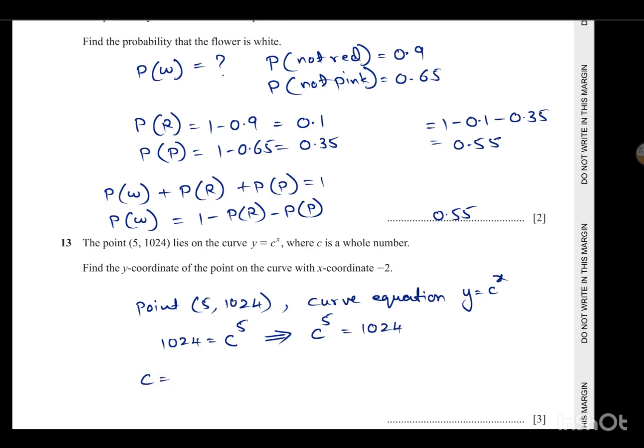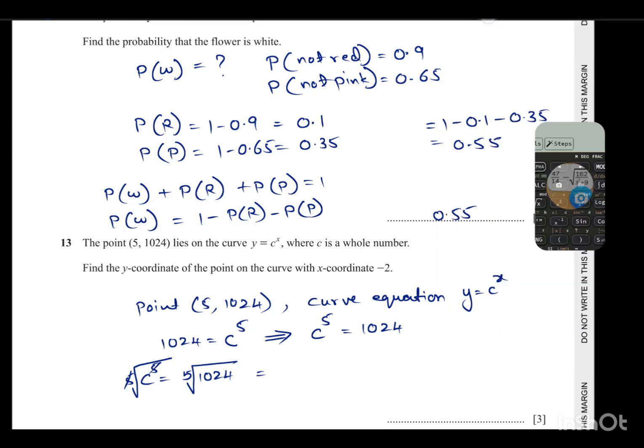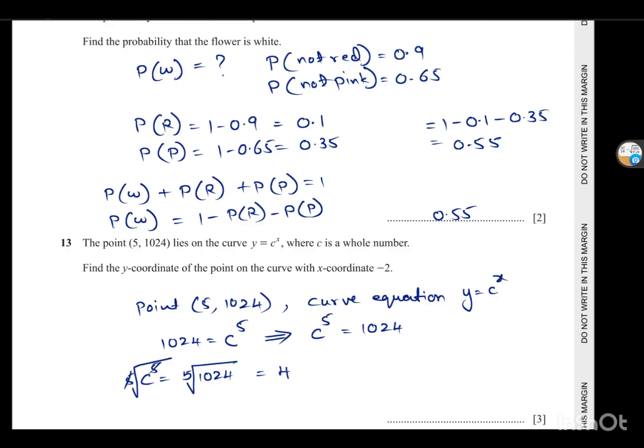So to get the value of c, we can do the fifth root of 1024, because if I do the fifth root of c raised to 5, the 5 gets cancelled and we'll get the value of c. The fifth root of 1024 is 4.